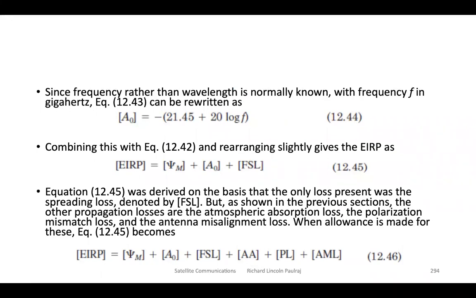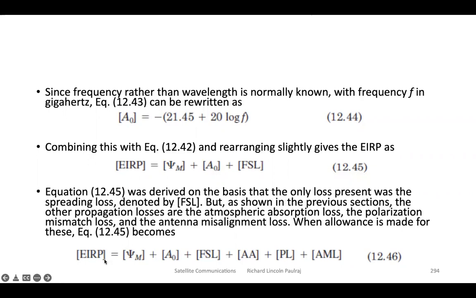Now EIRP is a combination of all of this: your flux density, then the effective area, which is A naught, and free space loss.